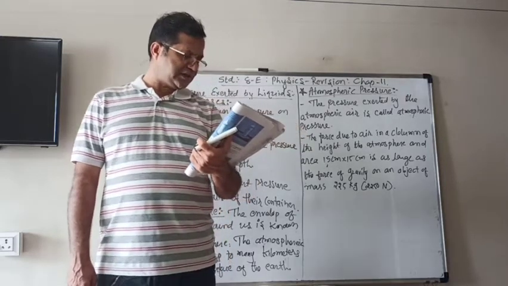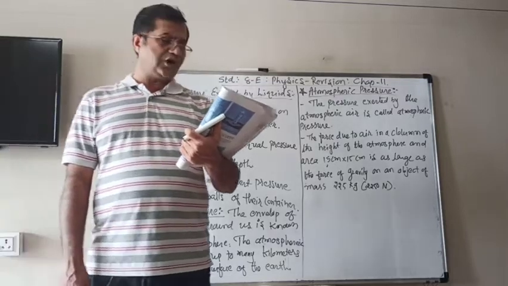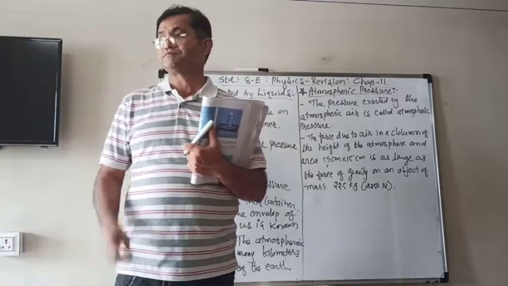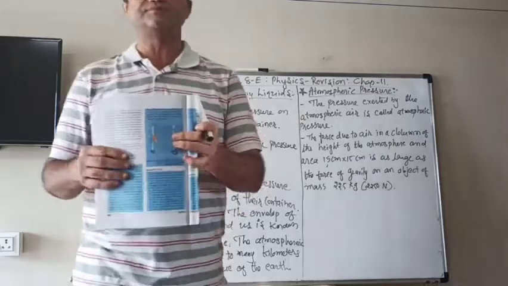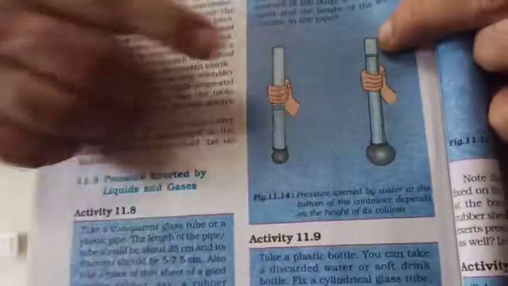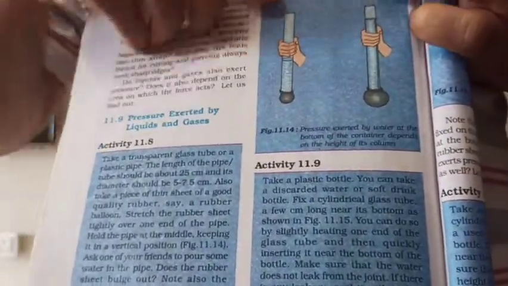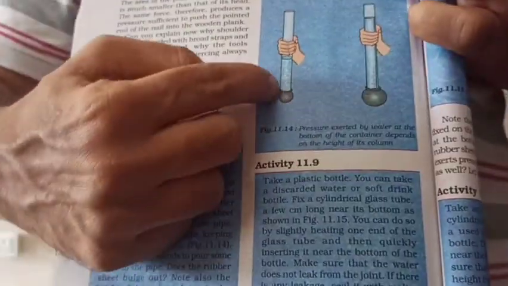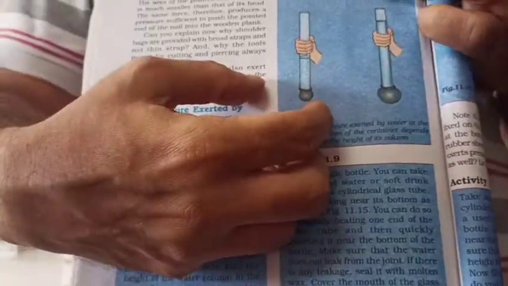And then you will see that the rubber sheet is not bulging out. Now, as shown in the figure here, in the first one, there is little water kept inside. When we pour a little water, then you will see that the rubber will bulge out a little.